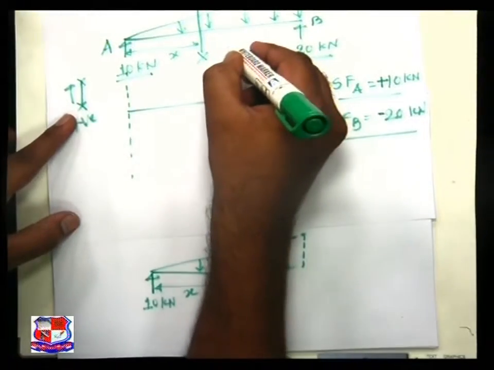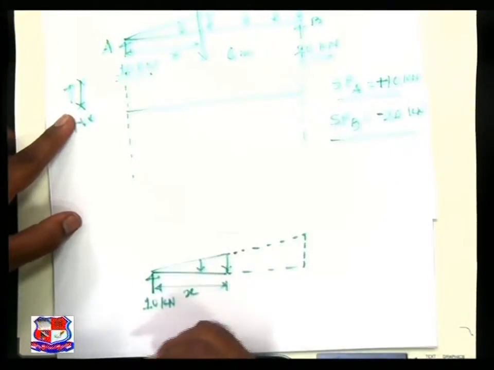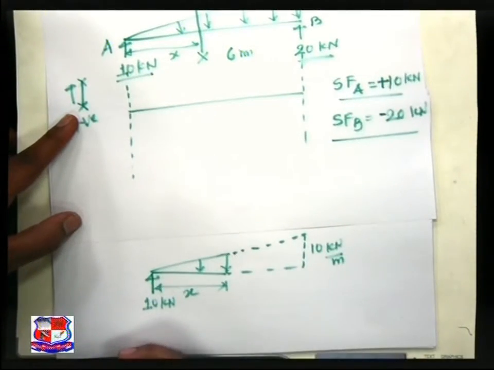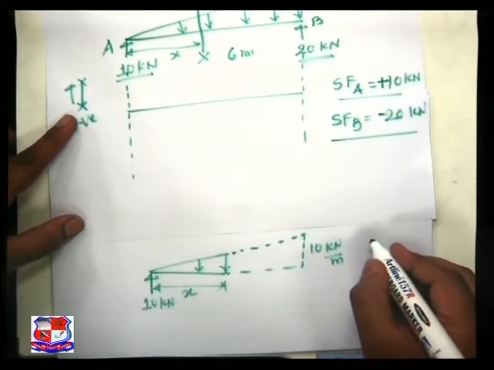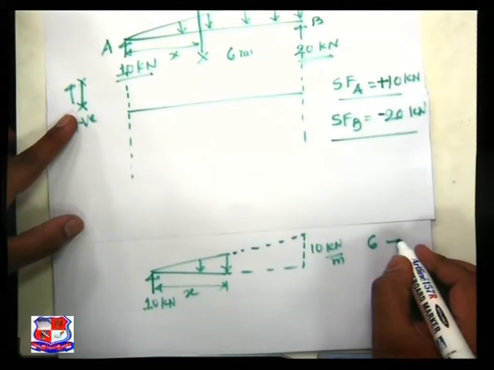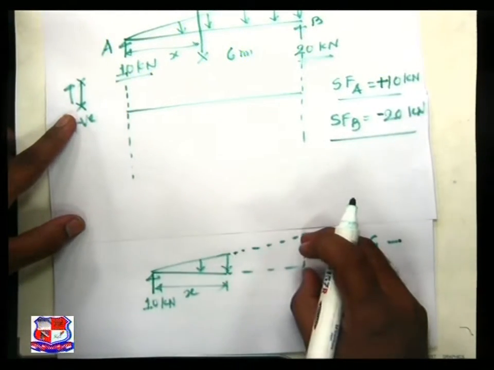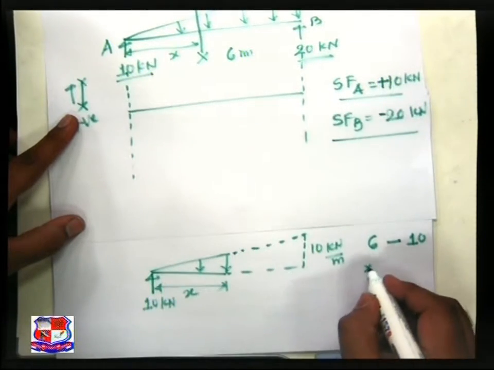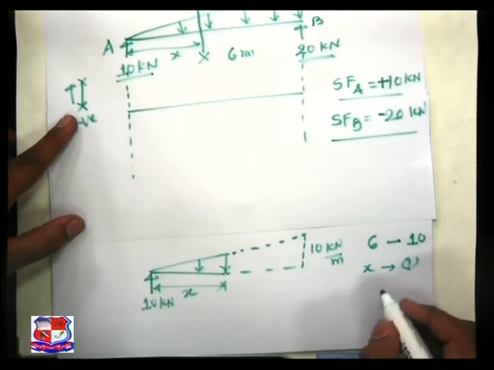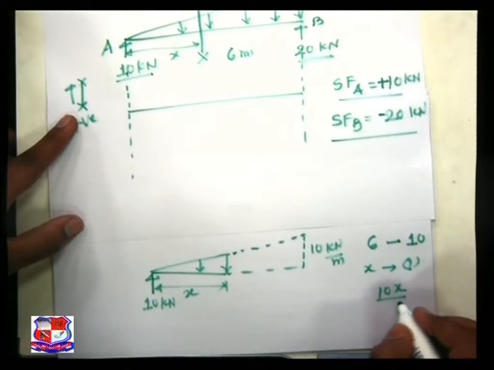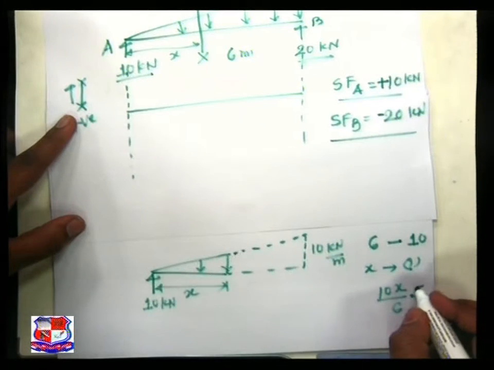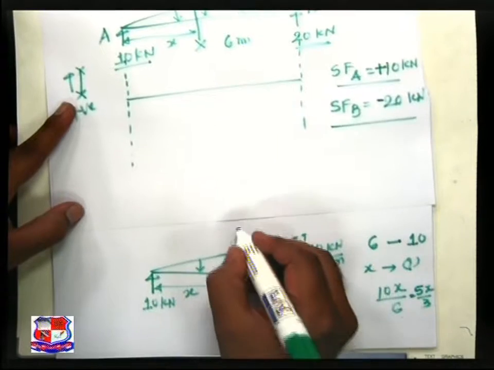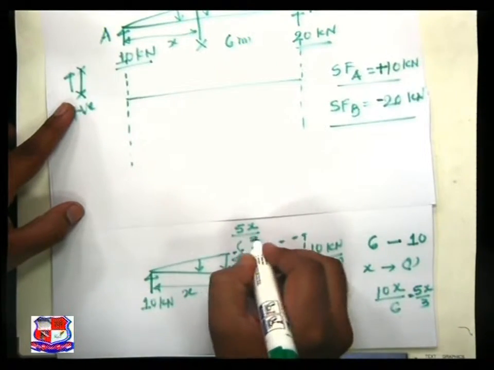This distance of the beam is 6 meter. This value is 10 kilonewton per meter. So can I write, for 6 meter horizontal distance, if this vertical ordinate is 10, then for x it is 10x by 6, which is nothing but 5x by 3. So this ordinate is known to us, 5x by 3.